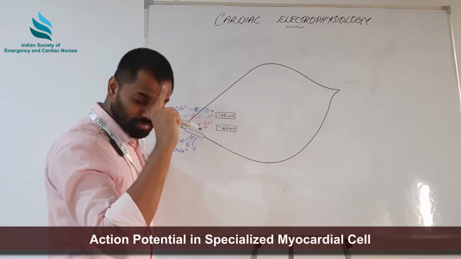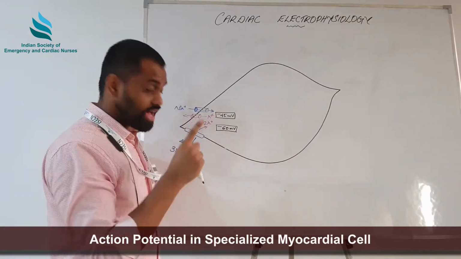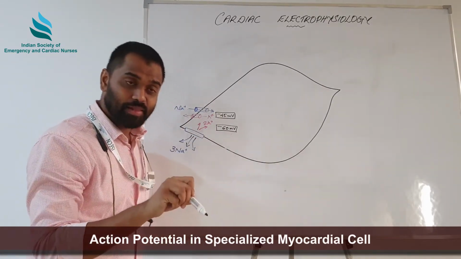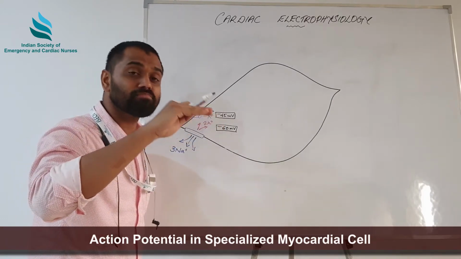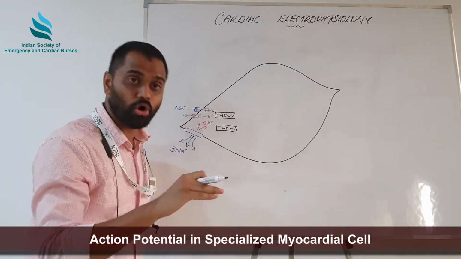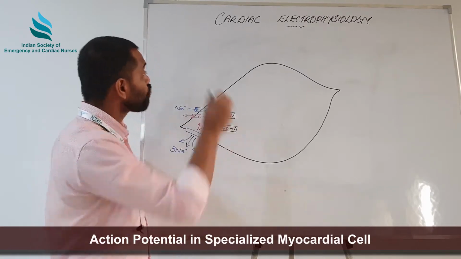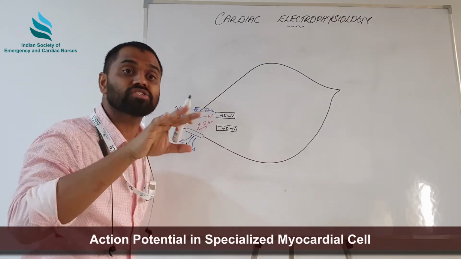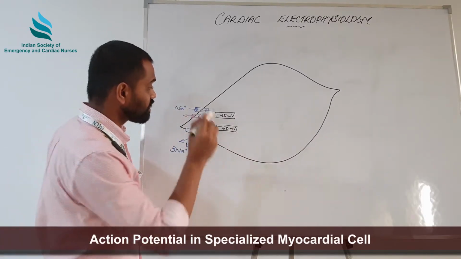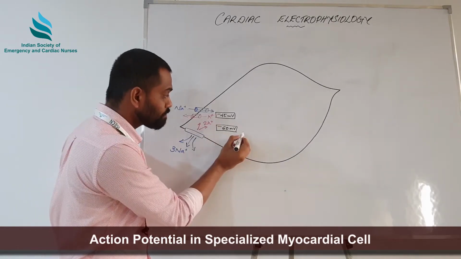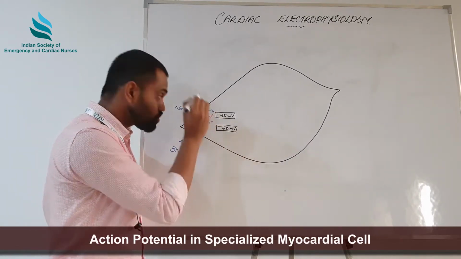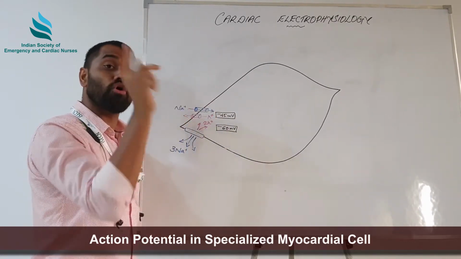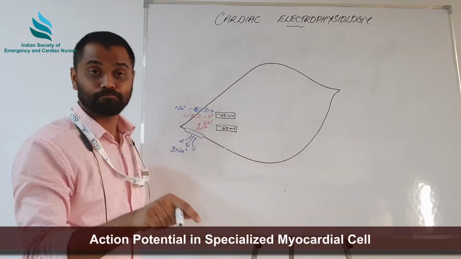Change number one. Another change is that the myocardial contractile cell maintained the resting membrane potential of minus 90 millivolt till it was stimulated by trickling of cations from its outside. It raised its membrane potential from minus 90 millivolt to the threshold potential of minus 70 because it was stimulated externally.